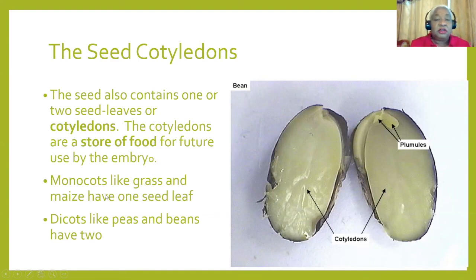Maize, you need to learn the term maize. It's what we call corn on the cob or sweet corn, but maize is what scientists use, and the scientific name is Zea mays, and it's one of the examples that come up often under BGCSE. Then dicots, such as peas and beans, have 2 cotyledons, and here you see clearly on the picture, 2 cotyledons.